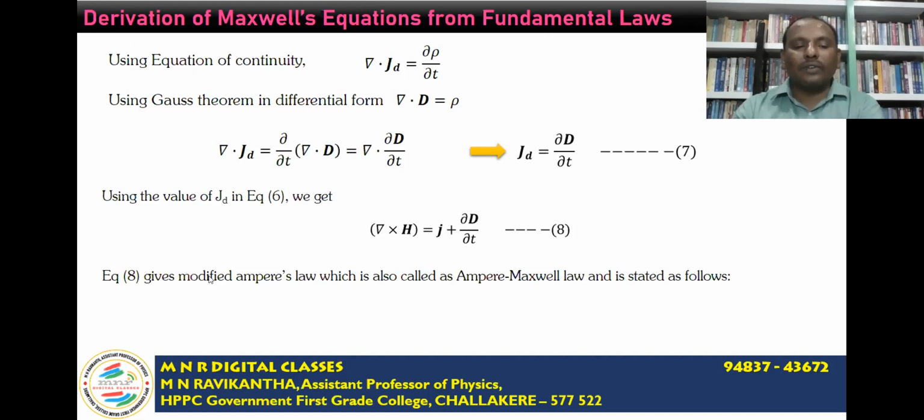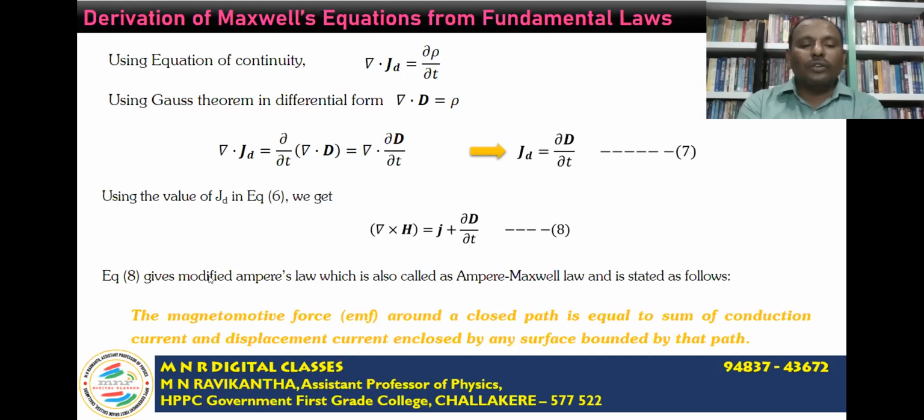It can be stated as follows: the magnetomotive force, MMF (here there is a mistake, instead of EMF it is MMF), around a closed path is equal to the sum of conduction current and displacement current enclosed by any surface bounded by that path. So this proves the fourth Maxwell's equation.